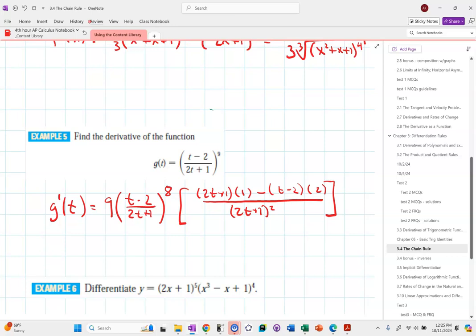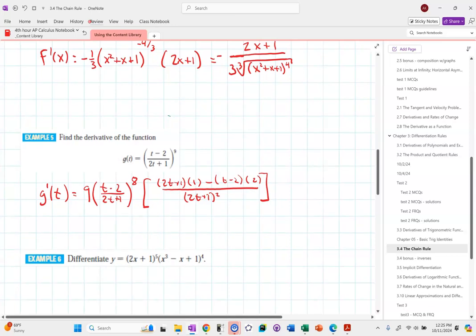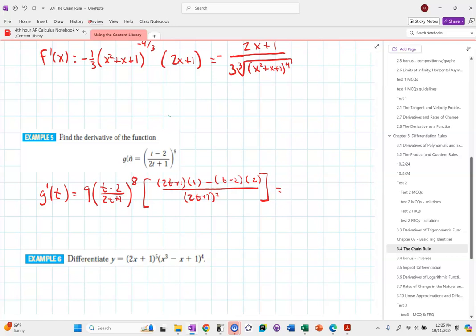And again, calculus is done. We could stop here. Not wrong to stop. Unlikely that this would be the multiple choice answer though, right? So the multiple choice answer I would expect, if I combine my like terms here, I have 2t plus 1 minus 2t plus 4.